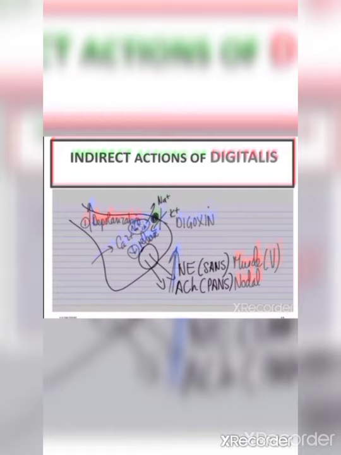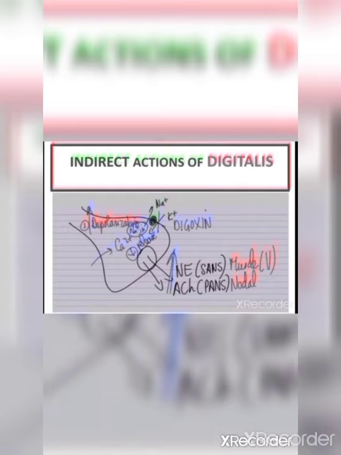Norepinephrine represents the sympathetic autonomic nervous system, and its beta-1 receptors are present on the heart, and upon stimulation by norepinephrine, it promotes ventricular contraction. Whereas acetylcholine receptors are the muscarinic receptors present on the nodal tissue, the AV and SA nodal tissue, and upon activation, acetylcholine reduces AV conduction or nodal conduction.